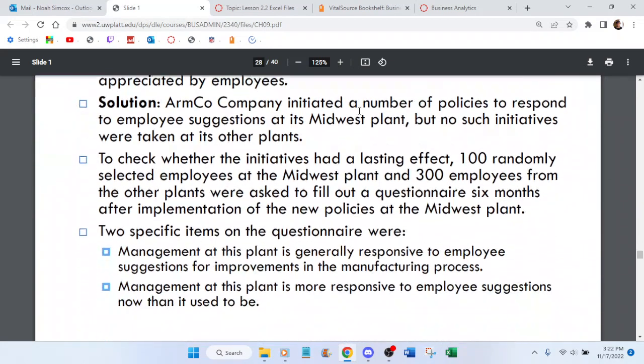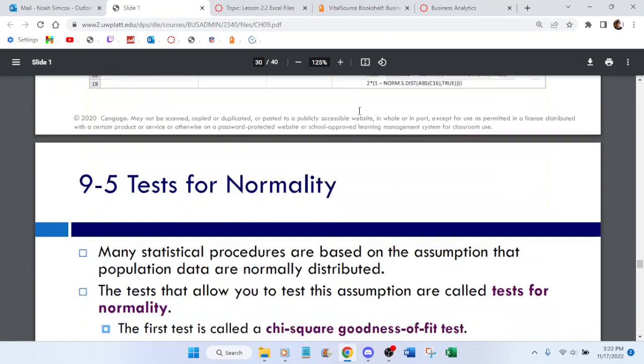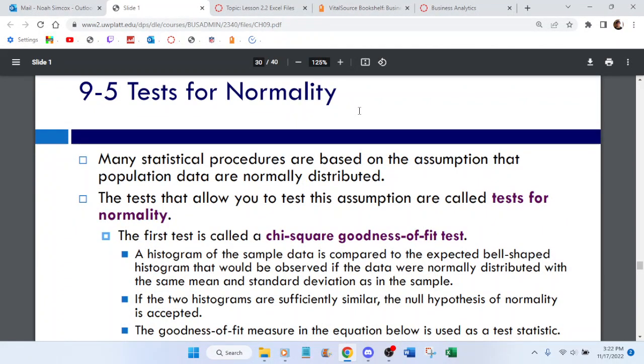I'm not going to look at the examples. I'm just going to read the concepts. Test for normality. Many statistical procedures are based on the assumption that population data are normally distributed. The tests that allow you to test this assumption are called tests for normality. The first test is called the chi-square goodness of fit test.